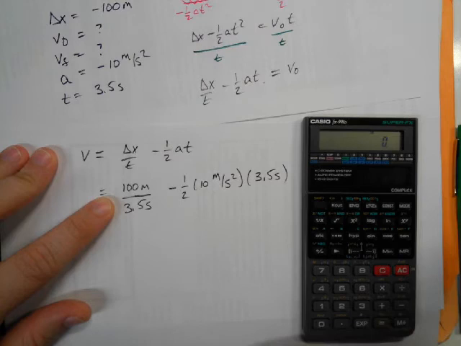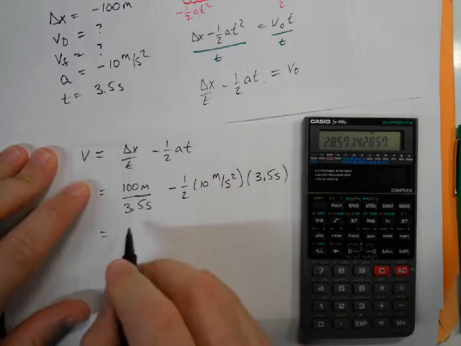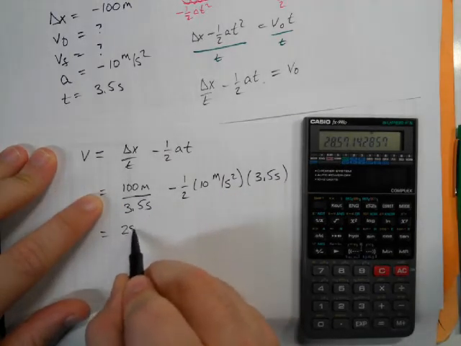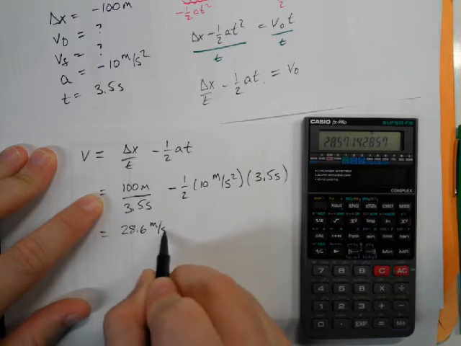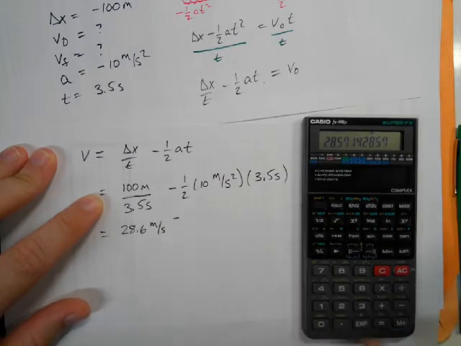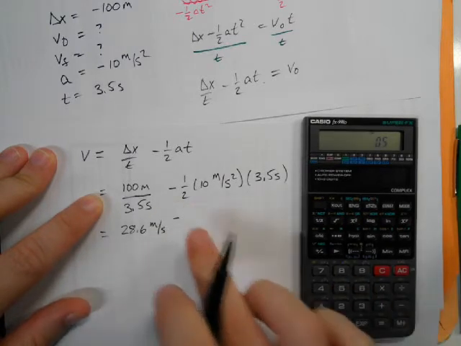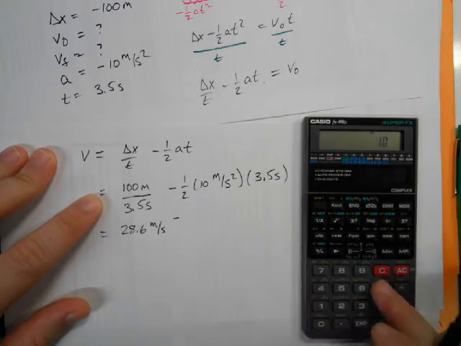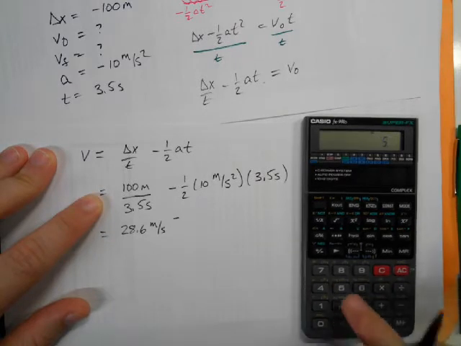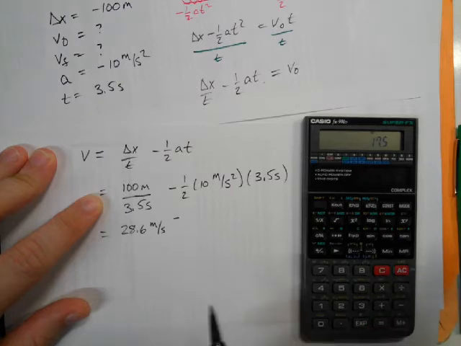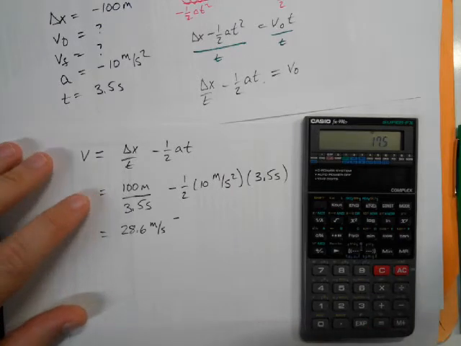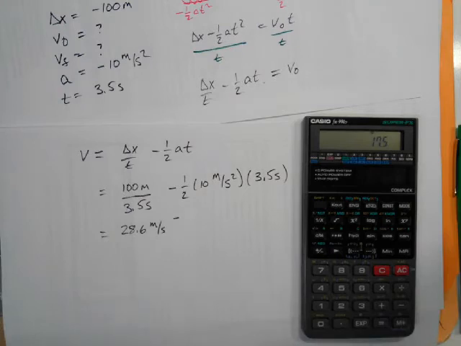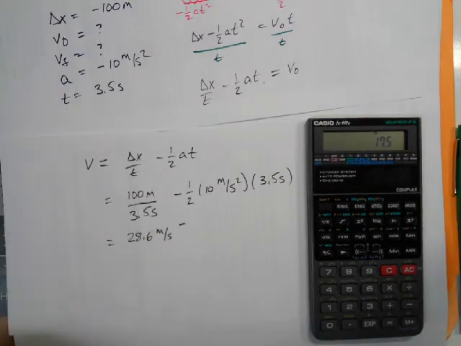And so we can calculate what those are. We go in and we say 100 divided by 3.5 is, so this first term is 28.6 meters per second minus, and then we'll have 0.5 is 1/2 times 10 times 3.5. And we notice as we do that, we have an epiphany that we've made a mistake somewhere.